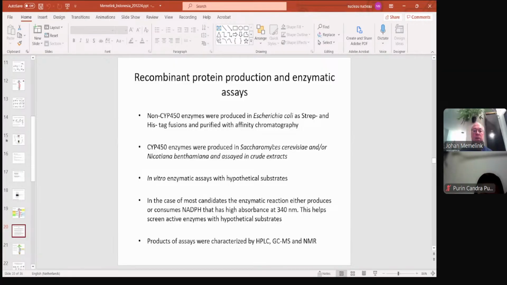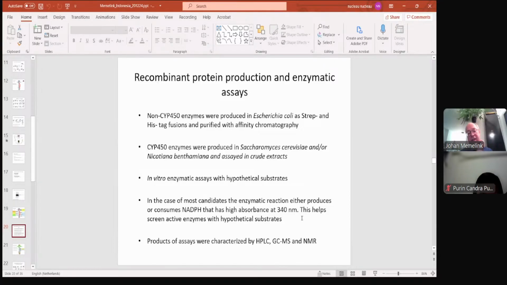So in principle, then the different enzyme preparations were tested with the hypothetical substrates. And what helped us a little bit with identifying whether a reaction was occurring is that many of the steps produce or consume NADPH because they are hydroxylases or NADPH dependent enzymes. And NADPH has a high absorbance at 340 nanometers.